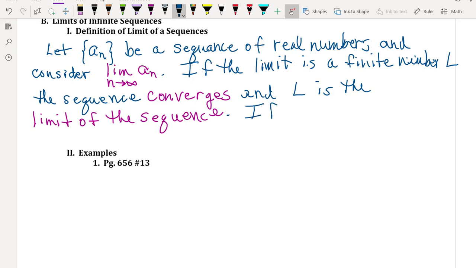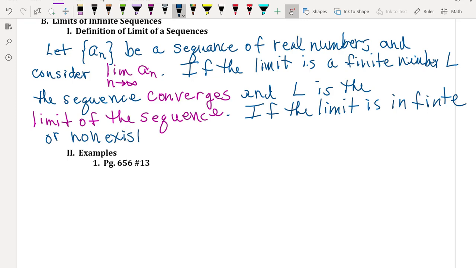So, if it doesn't converge, if the limit is infinite, or non-existent, the sequence diverges.